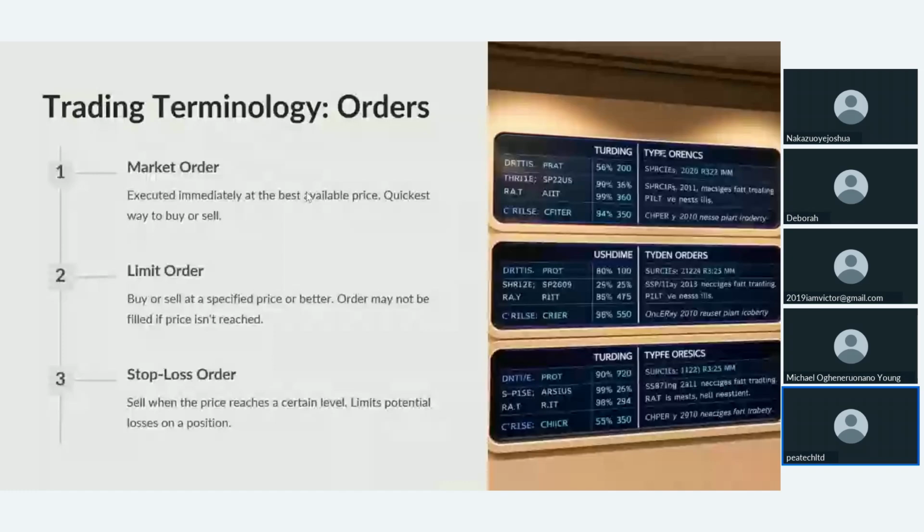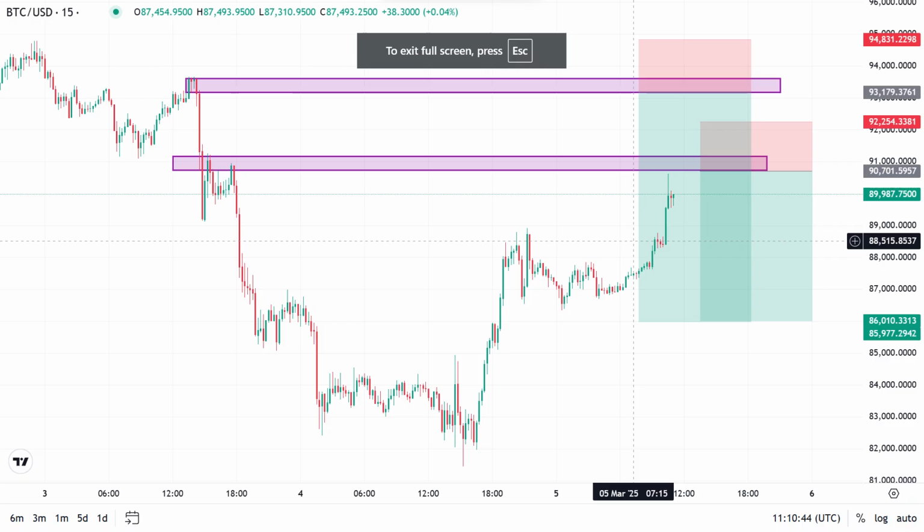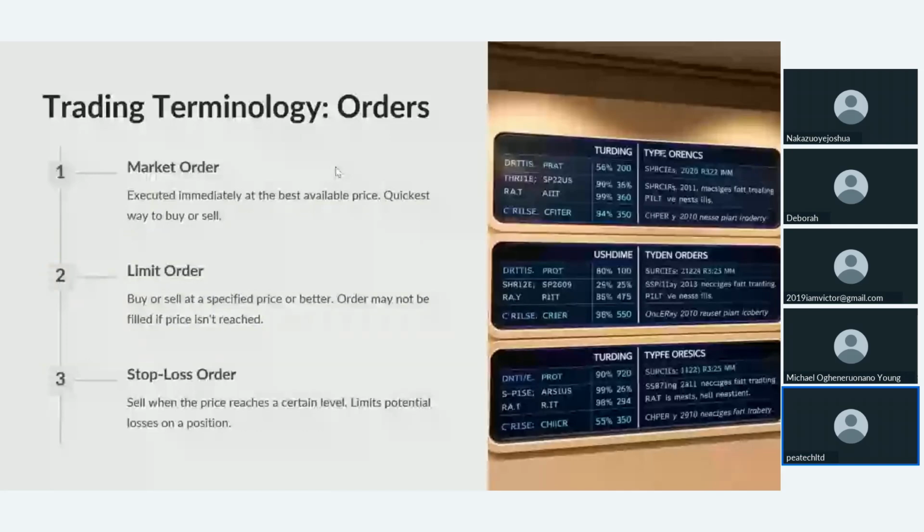So let's go to our chart. Let's open up our chart. When we talk about limit order, it is simply that we are waiting for the price to get to a particular point before we enter, right?